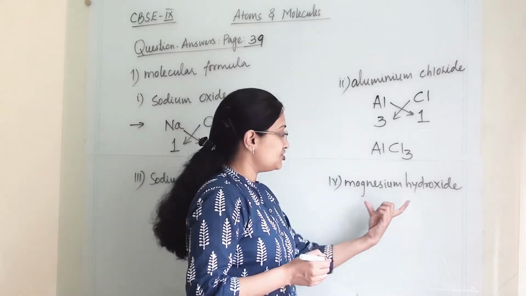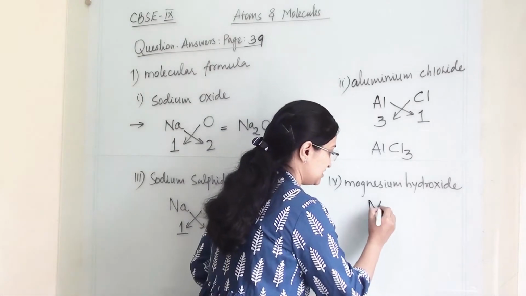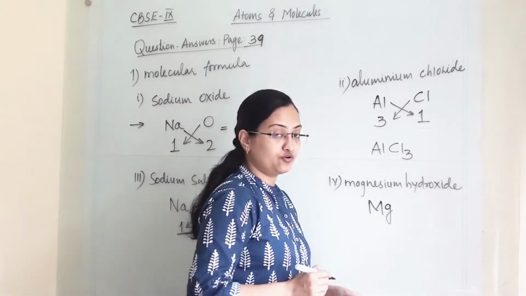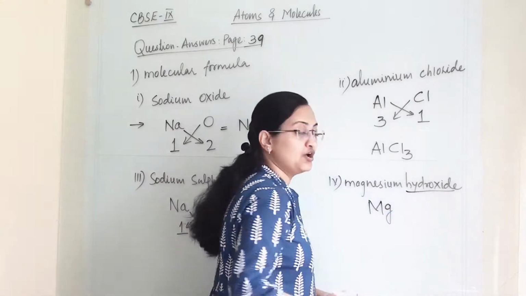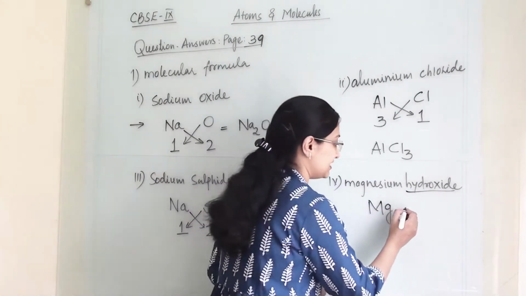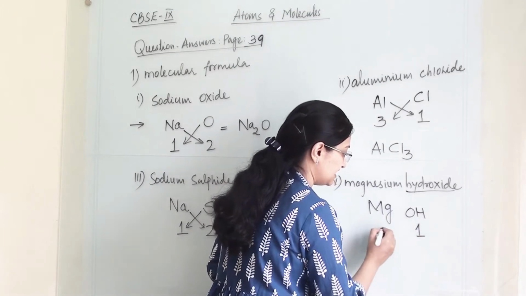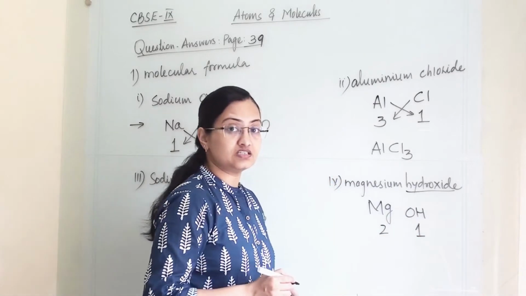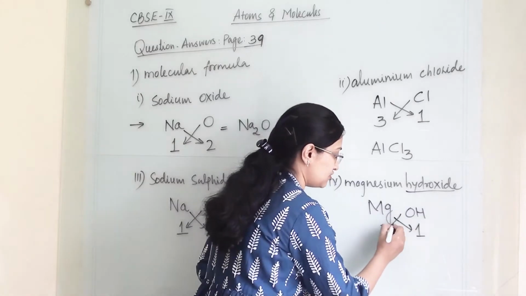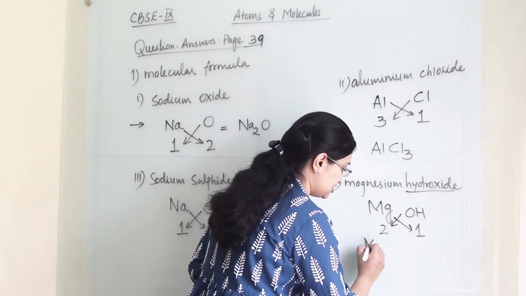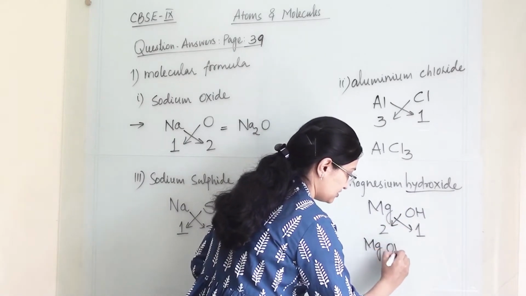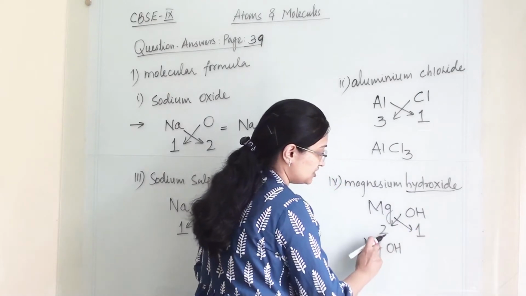Now magnesium hydroxide. Magnesium is Mg and hydroxide is a polyatomic ion, OH. Its valency is 1 whereas magnesium's valency is 2. So by the crisscross method we will get MgOH, and with OH this 2 will go.